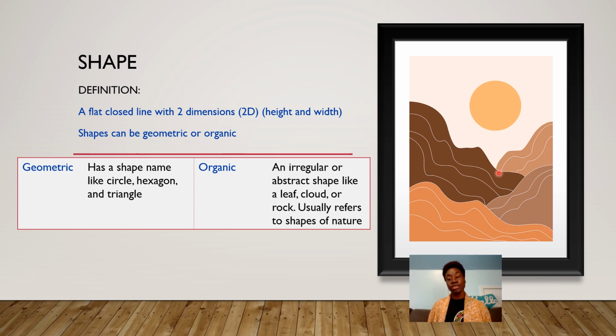Now, if it was blue, you could say it was water, but in this instance, they are mountains. You can also see here that other elements in this piece are used as well. You have lines, which are white wavy lines. You have color. You have shape, which is here. And then you also have space, and we'll go over space in a little bit.